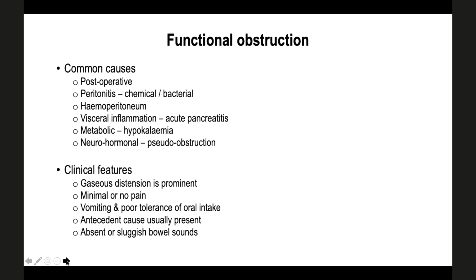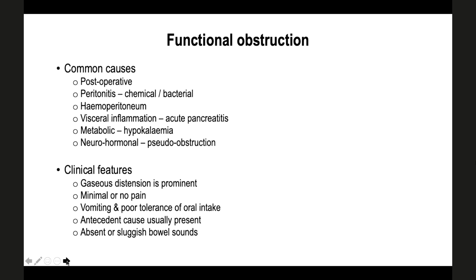Just because of the handling of the bowel, sometimes desiccation, and various other reasons, the bowel does not function properly. And these patients take a long time sometimes to pass flatus and open bowels after surgery. So if you start feeding them too early after abdominal surgery, when they have paralytic ileus, these patients develop distention and vomiting. It's a very common cause of functional obstruction after abdominal surgery.